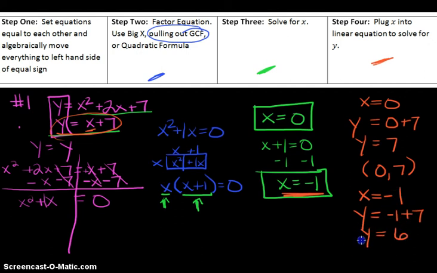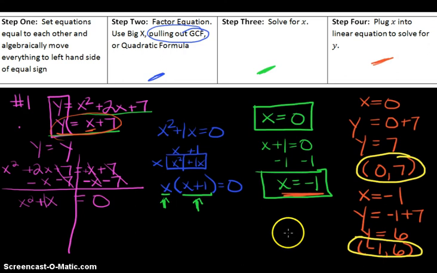Alright, so my second intersection point here is -1, 6. Alright, so this is our solution right here. Let me get a different color. This is our solution. We have intersecting points at these values right here.